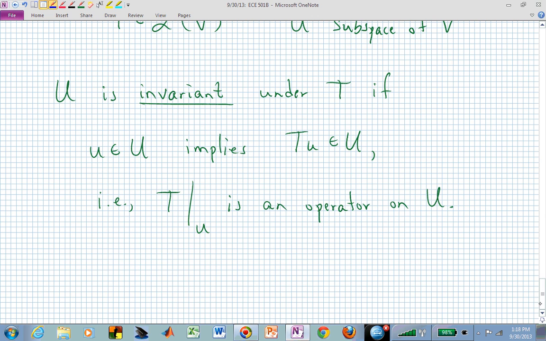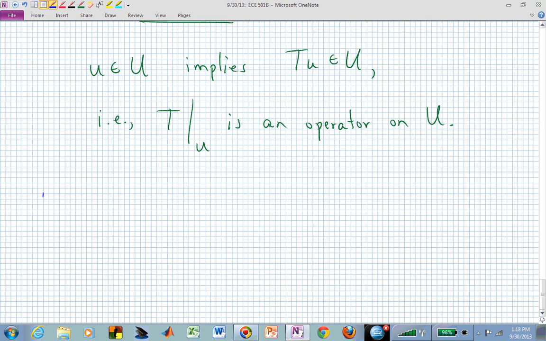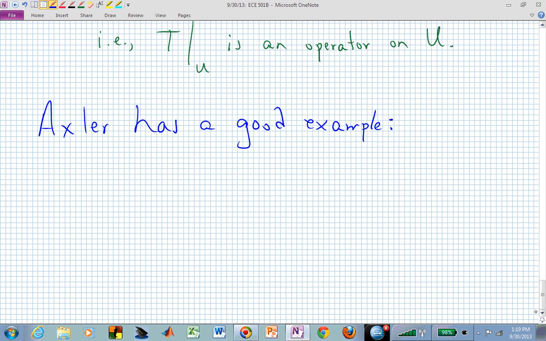The book actually has an interesting example of this process, and it's not with respect to matrices. It's actually dealing with polynomials. So let's look at this example from our textbook illustrating this invariant subspace property.